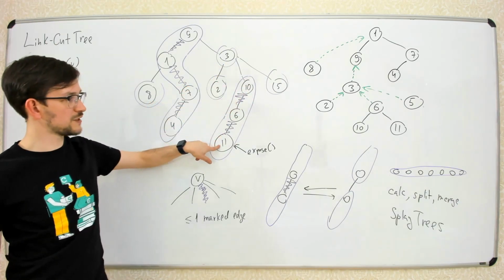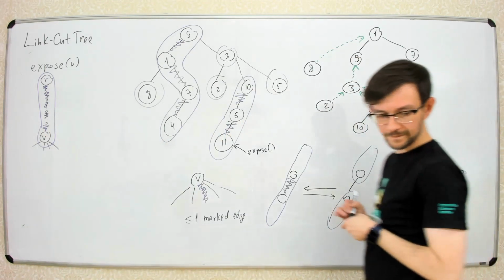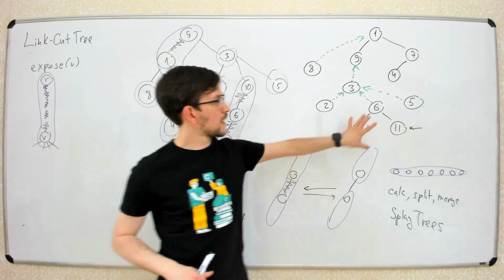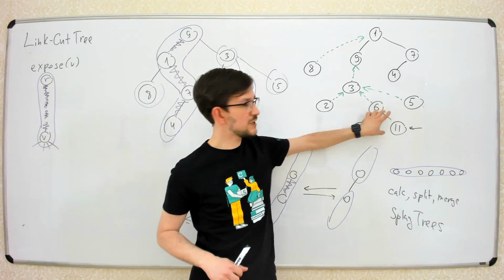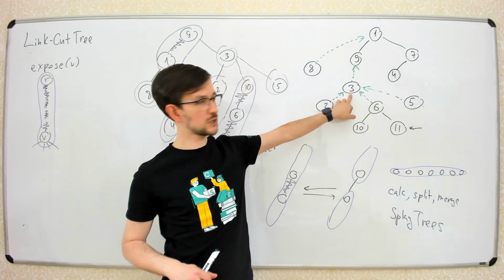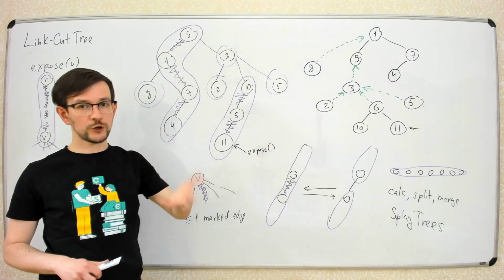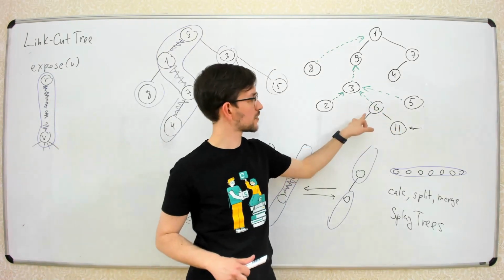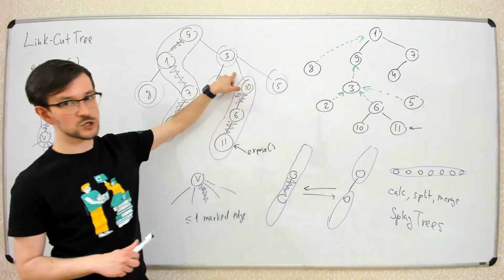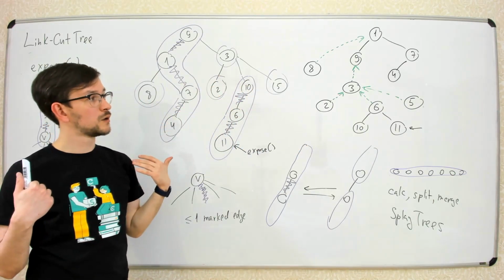So we need to find this node V in this structure, and now find that this Splay tree is connected to this node 3. So the next edge we need to mark is the edge which connects our path to node 3. It is this edge.